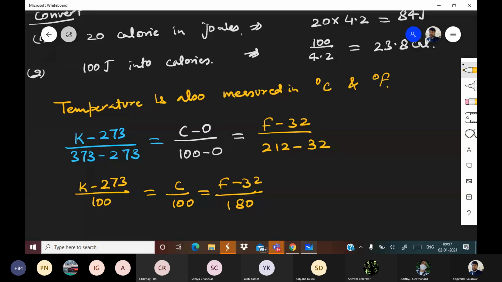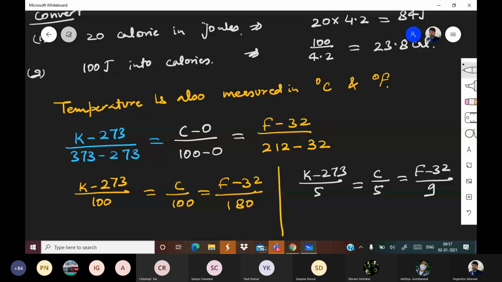Okay, this can be further simplified as (K minus 273) upon 5 is equal to C upon 5 is equal to (F minus 32) upon 9.